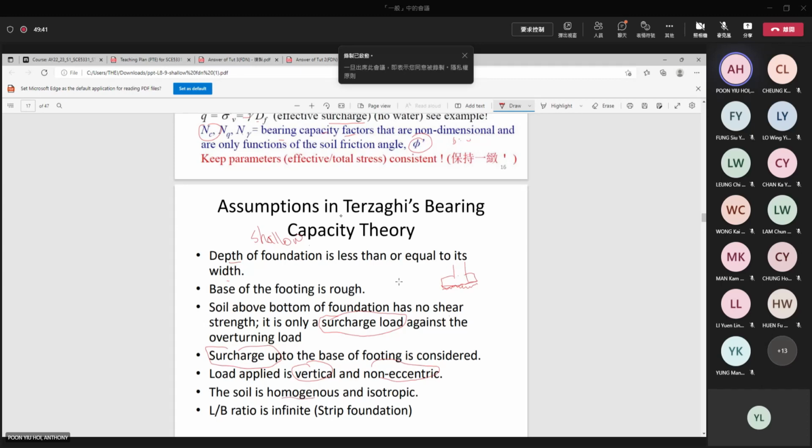The soil is homogeneous and isotropic, and this formula is for a strip foundation, meaning that the length of the foundation is very long. So these are some of the assumptions.